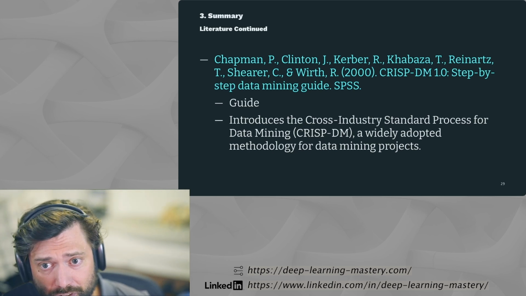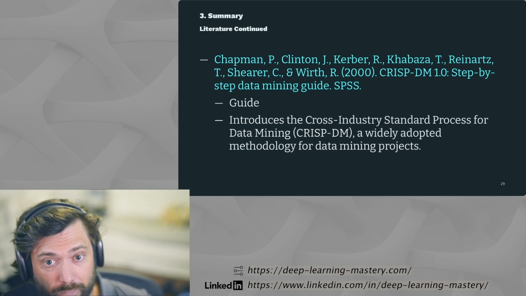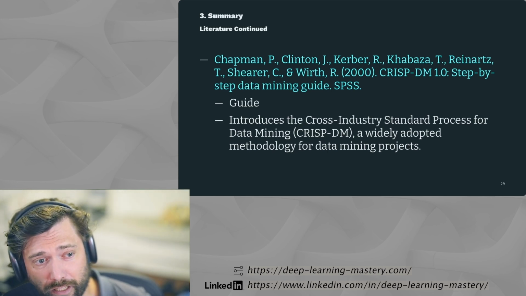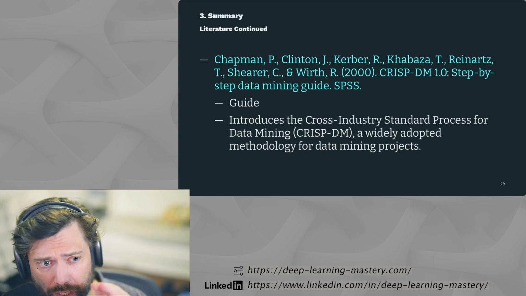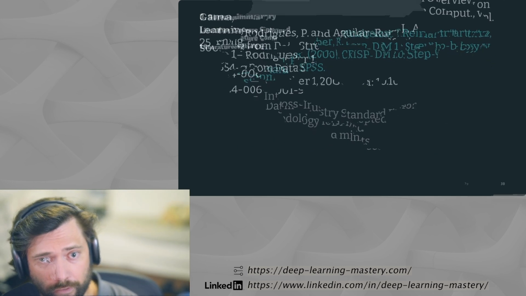And it introduces the cross-industry standard process for data mining, CRISP-DM, that is, which is a widely adopted methodology for data mining projects. And it's definitely a resource if you want to learn more about data mining. That is a very good source to consider.